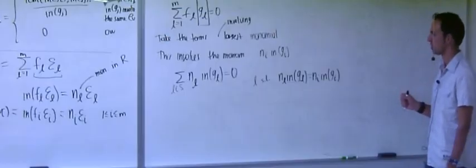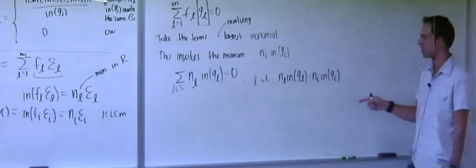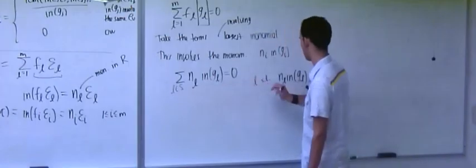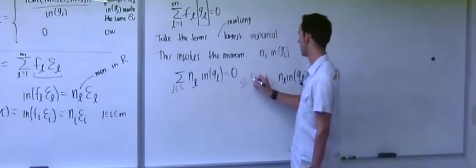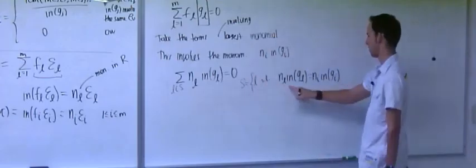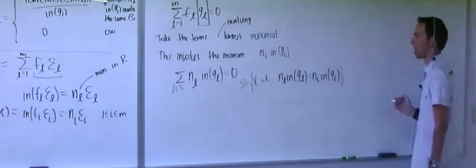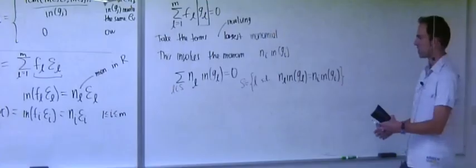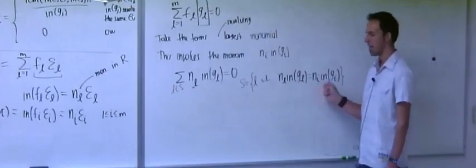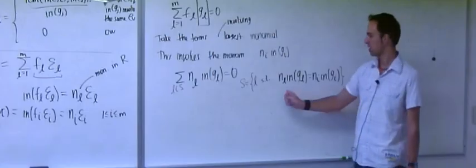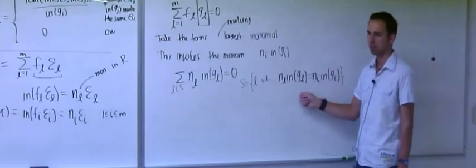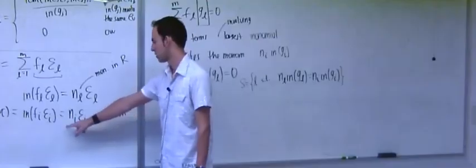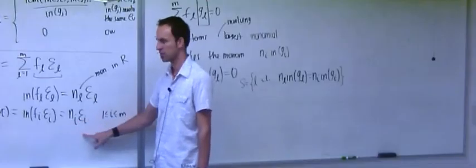Now, there's one thing you should notice. This is the definition of S: S is the set of L such that this occurs. There's one thing you should realize, which is that N_i epsilon_i is bigger than N_L epsilon_L by this decision. This one is going to be the very largest, so it has to be larger than these.